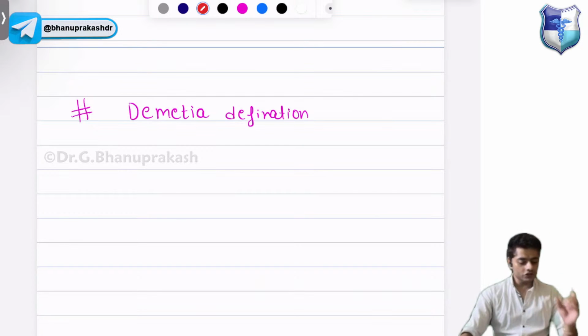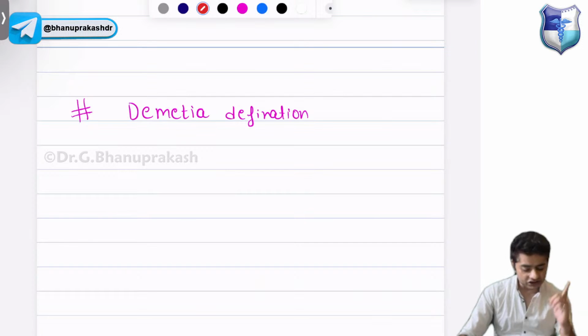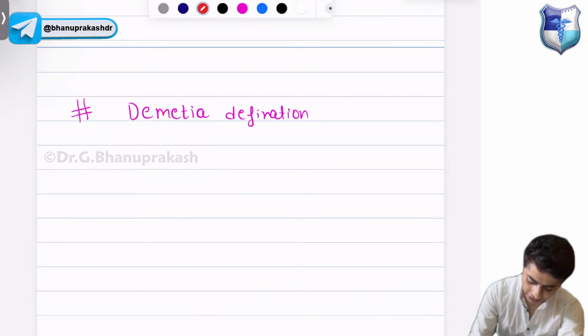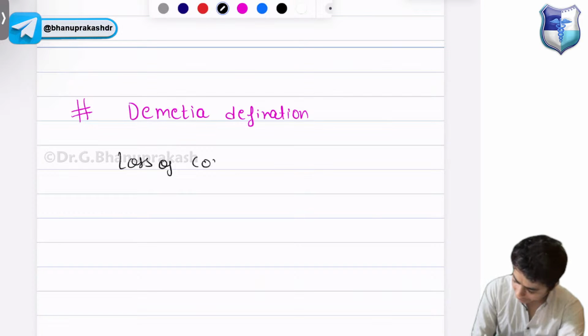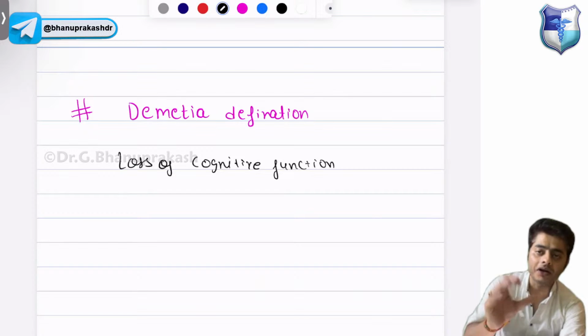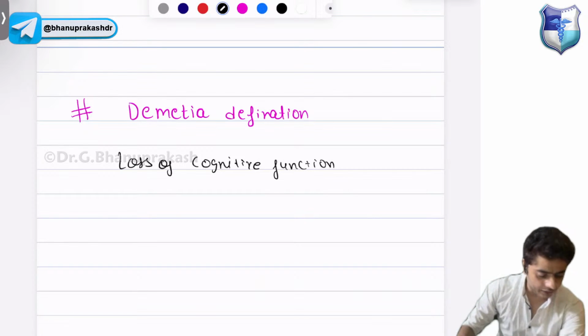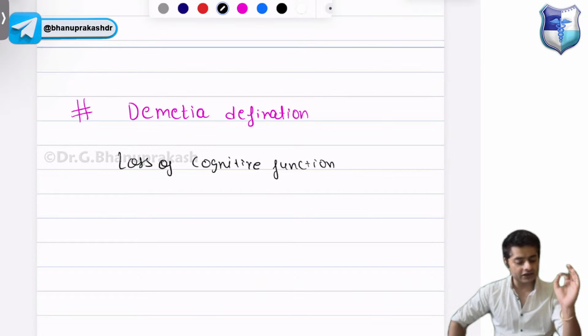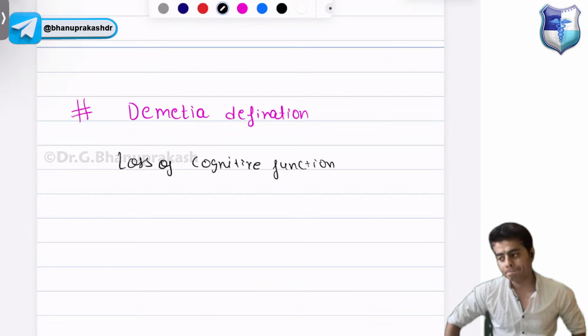Okay, so can anyone tell me? Harshita is saying it is loss of cognitive function. Okay, done. So can anyone tell me what you understand by the term cognitive function? Anyone?